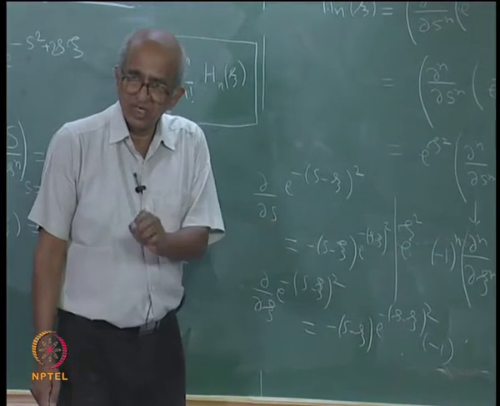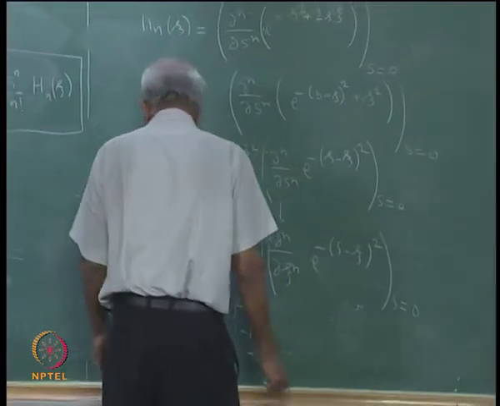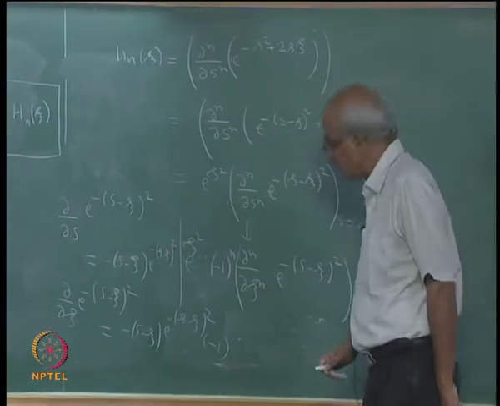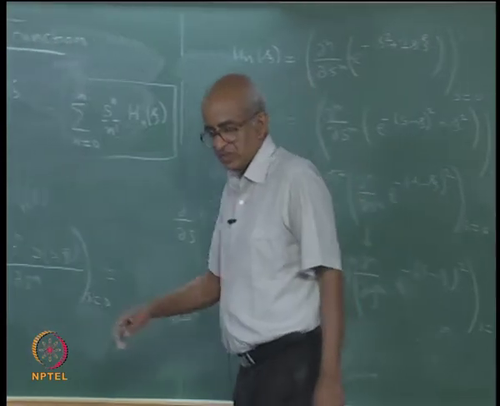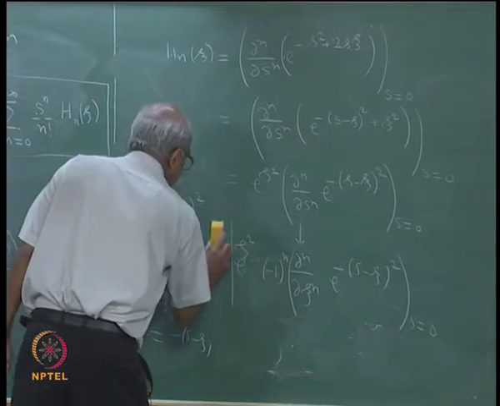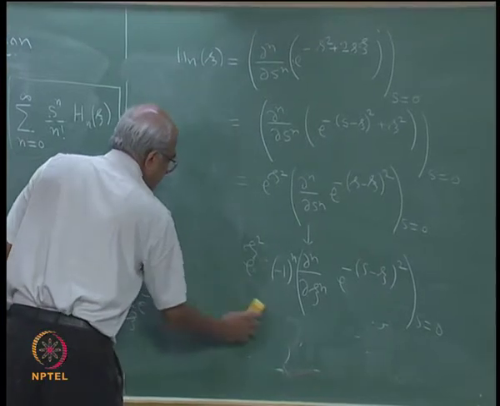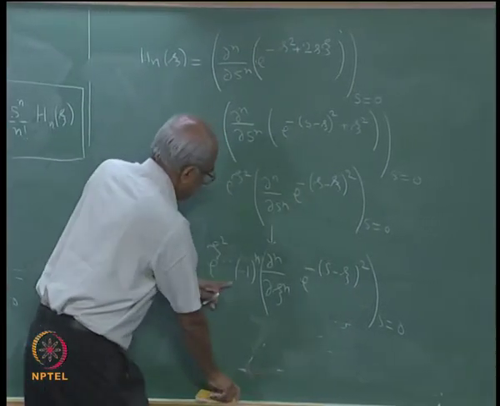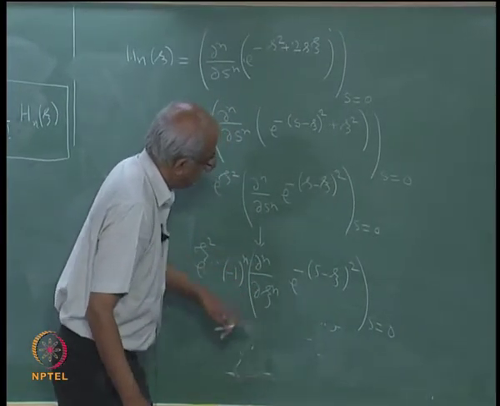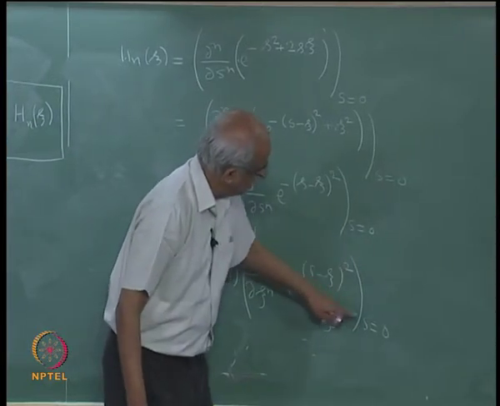Each differentiation is going to give you such a minus 1, and therefore, I can differentiate with respect to c provided I put a minus 1 to the power of n. But then again this is very nice, because what is the expression that we have arrived at? The expression is e to the power of c square minus 1 to the power of n dou to the power of n by dou c to the power of n e to the power of minus s minus c the whole square, s equal to 0.